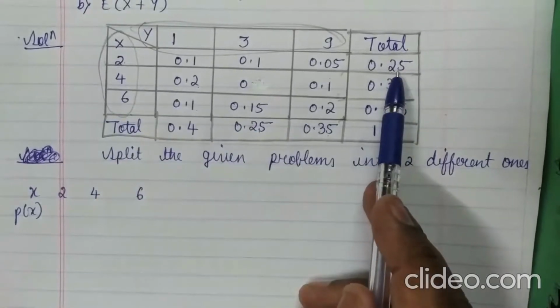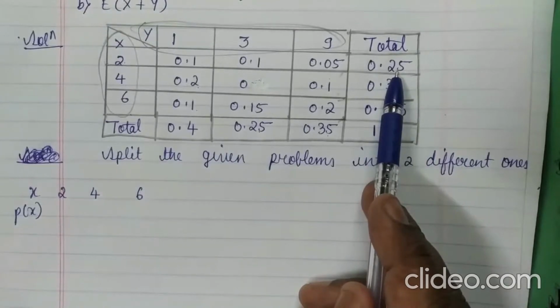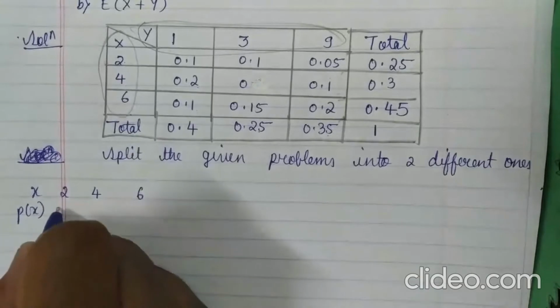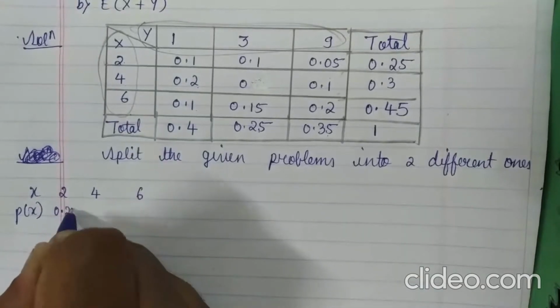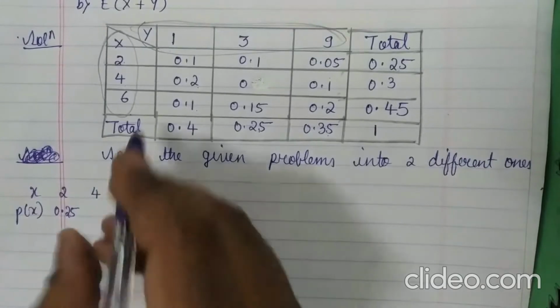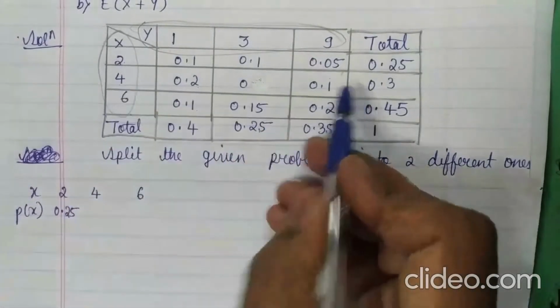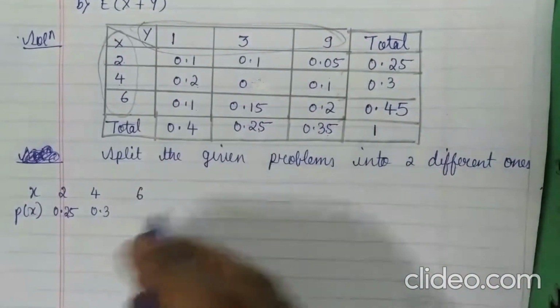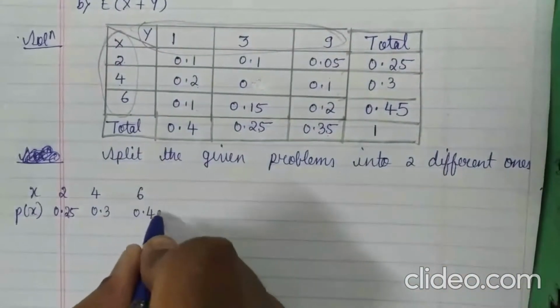That is the corresponding total for the value x equal to 2. Similarly, what is the value corresponding to 4? It is 0.3. And what is the value corresponding to 6? It is 0.45.